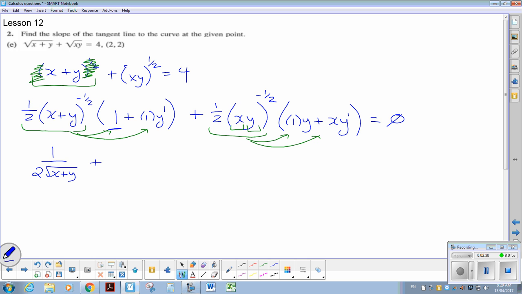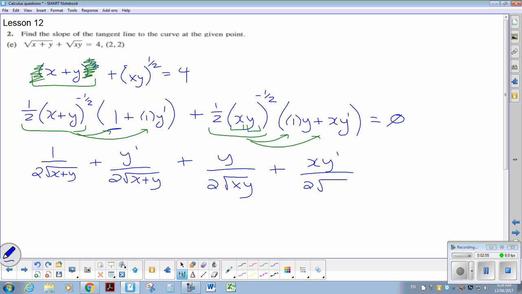Plus y prime will end up on top, and it's 2 over root x plus y. Plus this term here is 1 over 2 root xy. Distributing it in, it would be y over 2 square root of xy plus xy prime on top over 2 root xy equals 0.